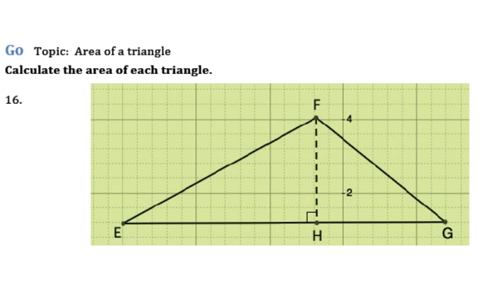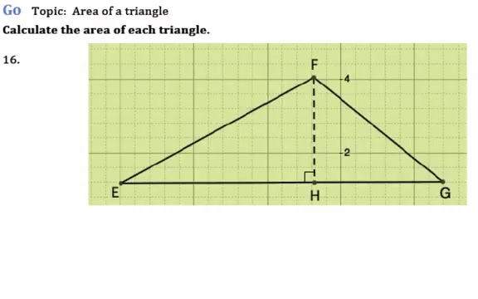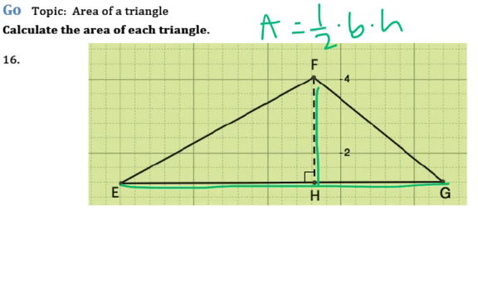Now, area of triangles. This we can kind of review. Okay, remember, area of a triangle is 1/2 times base times height. The height would be this right here. The base would be this right here. So I need to find those lengths and then just put them into my calculation.